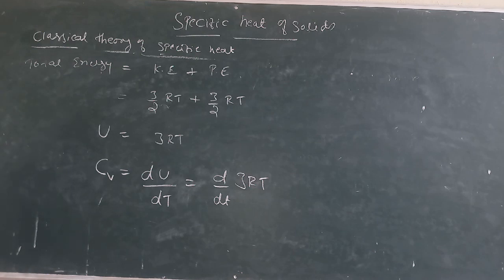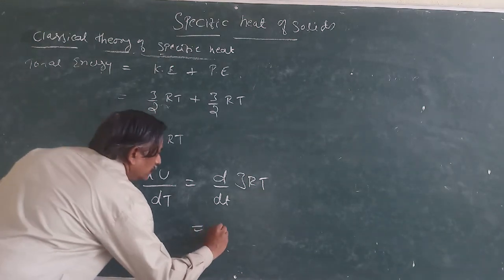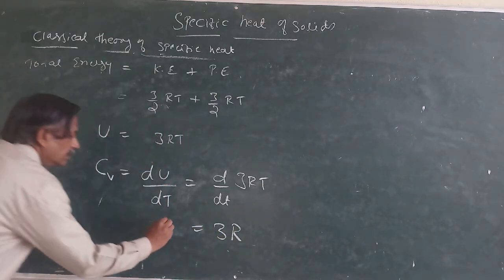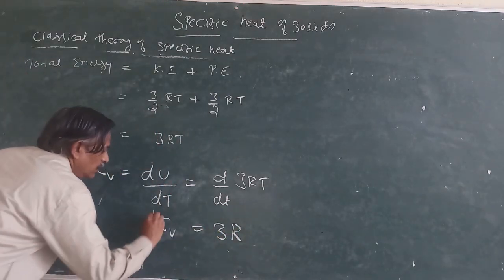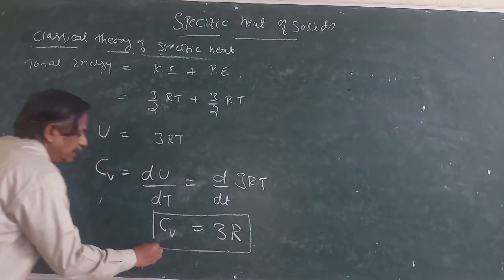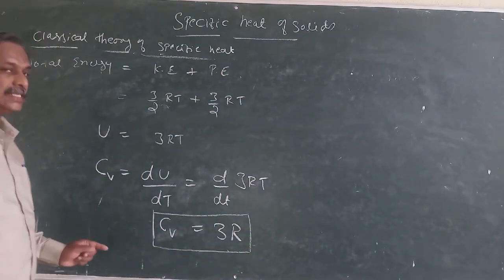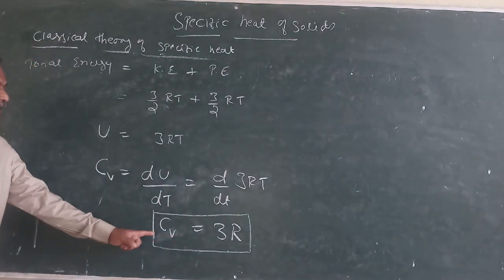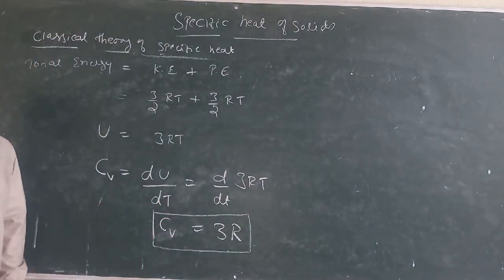Now we can write this as 3R. That is, the specific heat at constant volume is 3R. From the classical theory we derive the equation that the specific heat at constant volume is 3R.